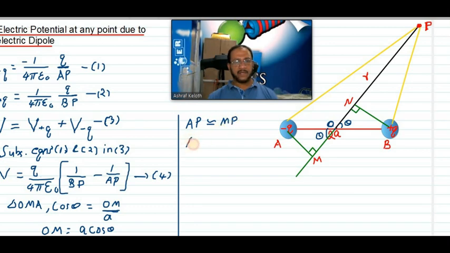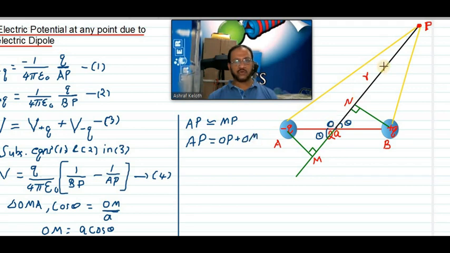AP is equal to what? MP, from the center till this point is P. That is OP plus OM.